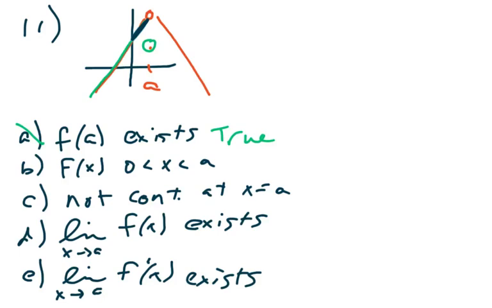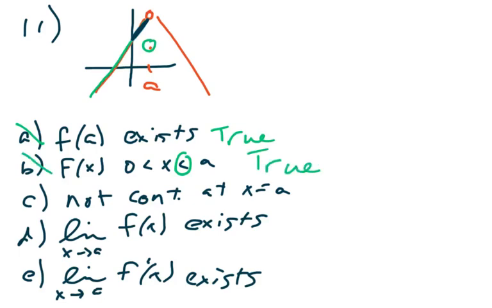That's absolutely true. Notice this is just a less than statement, which means it does not include A, which is important. If that said less than or equal to, then you'd also have to include A there, which may change your answer. So this is a true statement, not my answer.